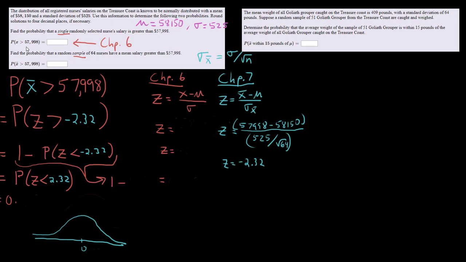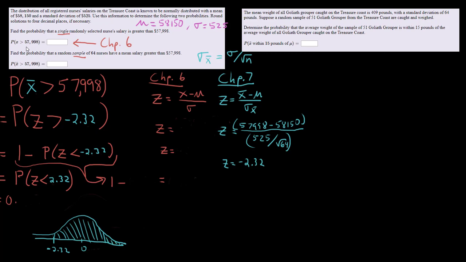We have a 0 right in the middle. This time we're looking at z greater than negative 2.32. That's going to be over here, negative 2.32, and we're looking to the right, so we want to shade to the right.